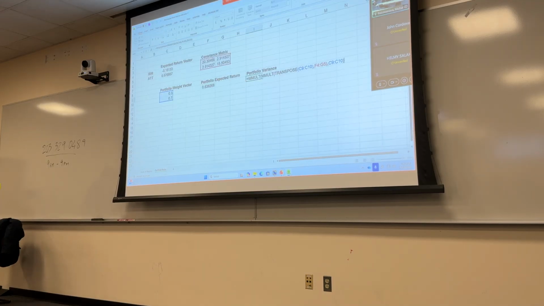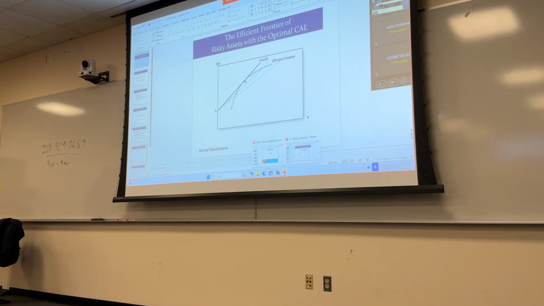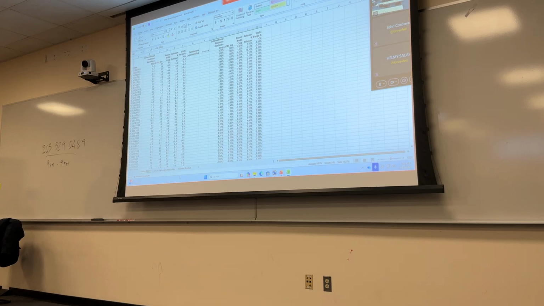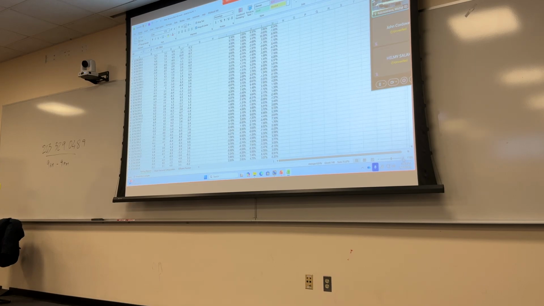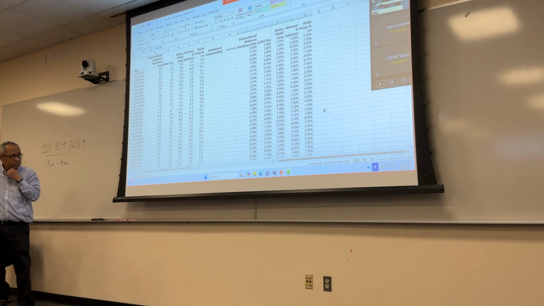And now that we've had some experience in calculating the covariance matrix, portfolio return, and portfolio variance, we're ready for this. So you guys are gonna find these data. These are old data, so that you can't copy them.